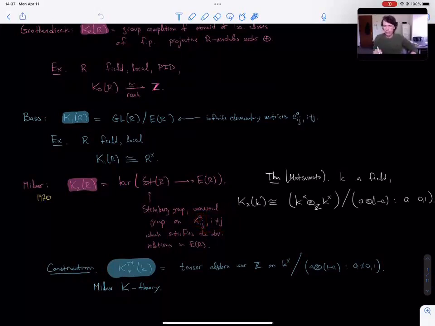And you just write down the most obvious relations satisfied by those in E(R), this group of elementary matrices. That gives you some set of relations, corresponding to what happens when you iterate row and column operations. And you just take those relations and you quotient out this free group by those relations.